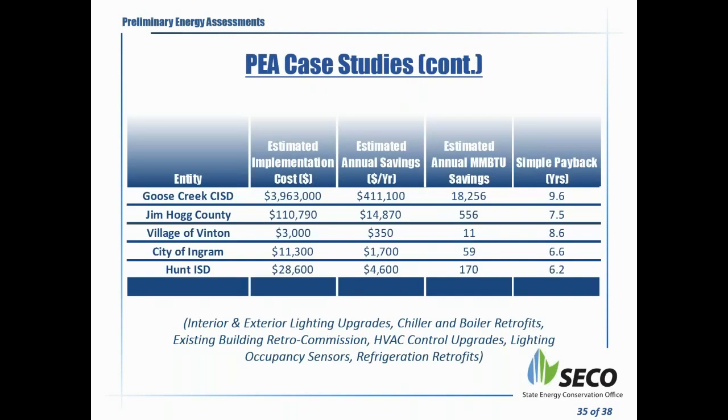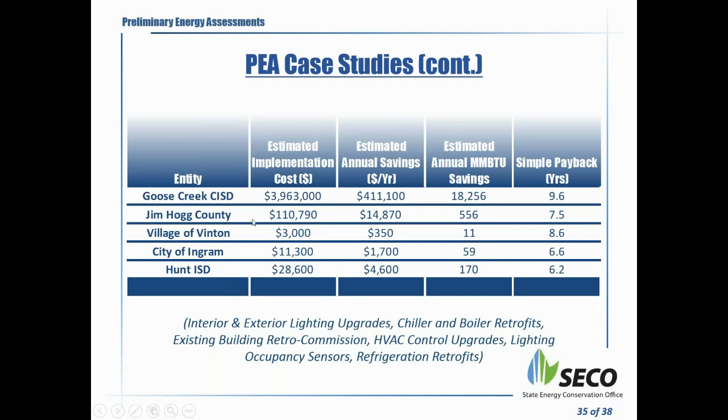This next slide is to give you all an example that the SECO PEA program does not discriminate whether you're a small or a very large facility. The level and the depth of service that you are going to get is going to be the same. You can see over there an example of Goose Creek ISD.